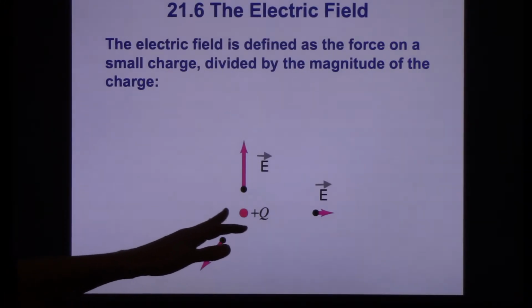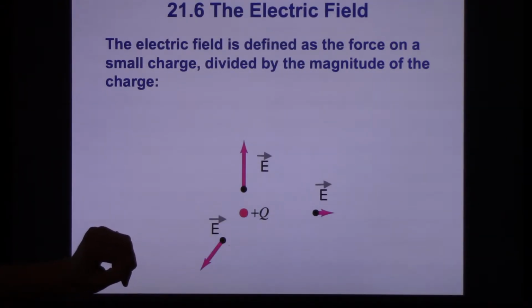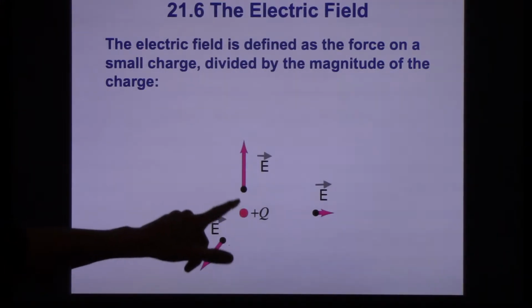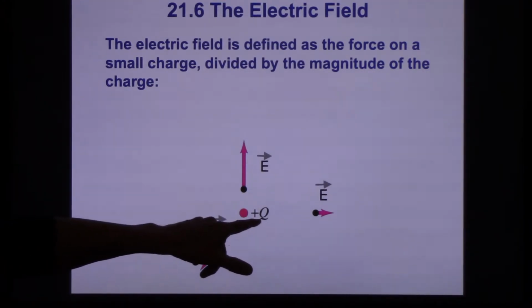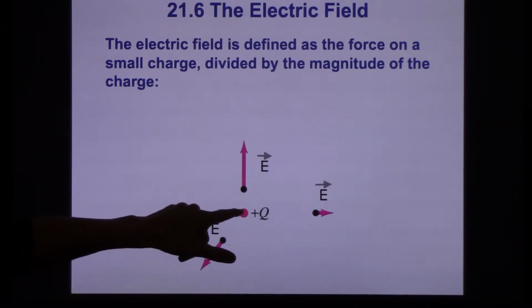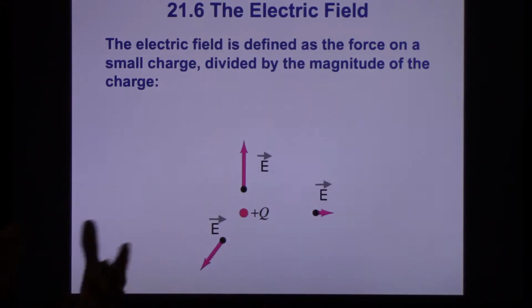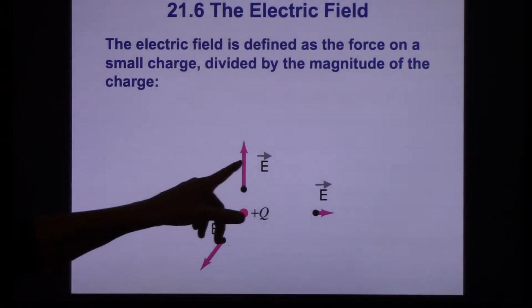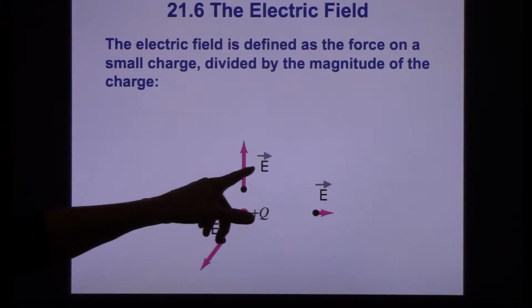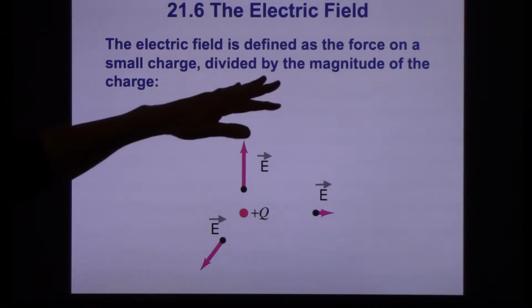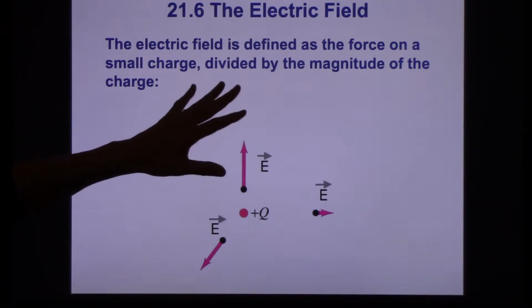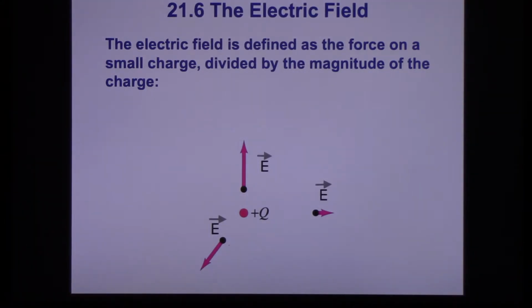Now, I don't think this diagram is especially useful, but let's see if we can try and say something about it. Whenever we have an object with charge, so here is a charge located at some point, at every location surrounding that charge, we can define what's called an electric field. And saying that it's the force divided by a small charge, I don't know if that's useful or not.